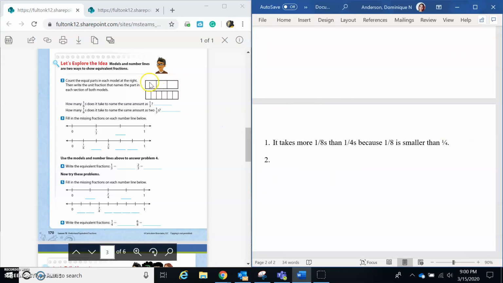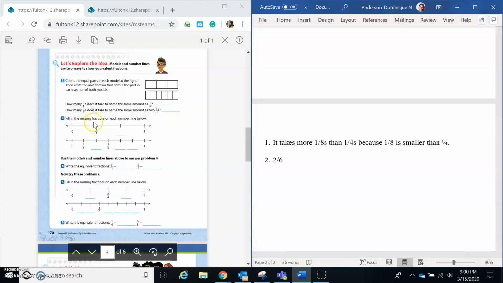So here's 1/3, and if I go straight down, I can see that it takes 2/6 to be the same as this 1/3. So the first part would be 2/6.